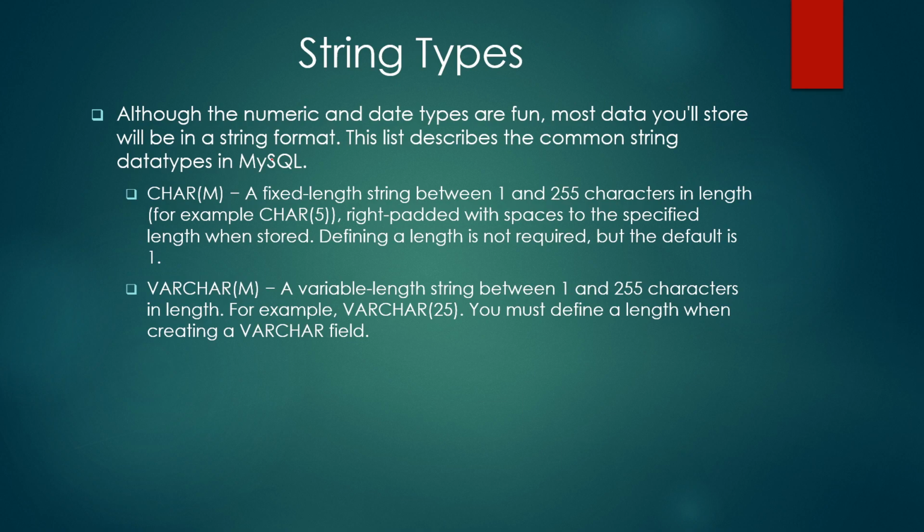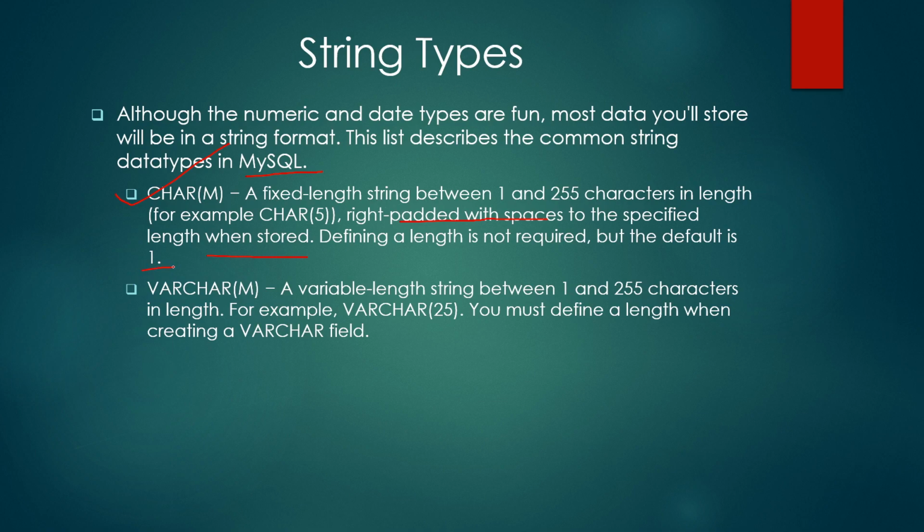As I said, this is widely used. This list describes the common string data types in MySQL. First is char, a fixed length string between 1 and 255 characters in length, right padded with spaces to the specified length when stored. Defining a length is not required, but the default is 1.